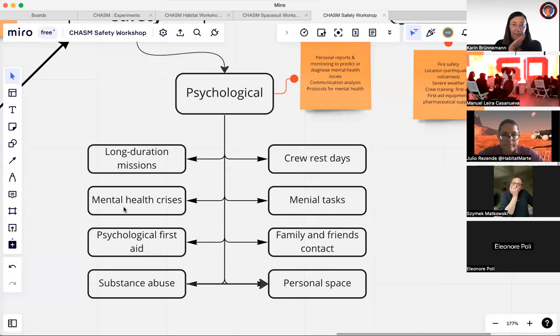I had already put here psychological first aid. So just like we train astronauts in medical, physiological, physical first aid, there should also be some psychological first aid training. What do we do if somebody is stressed all the time? What do we do if somebody has a panic attack during the mission? Or maybe during an EVA.